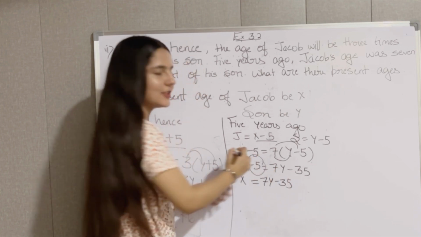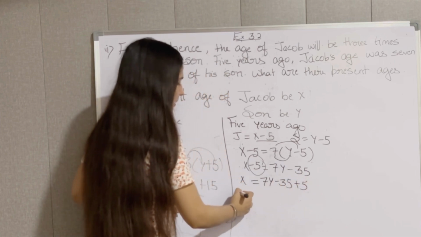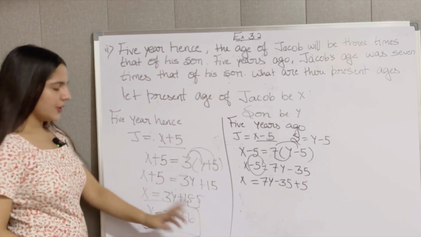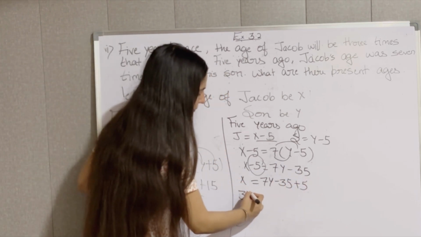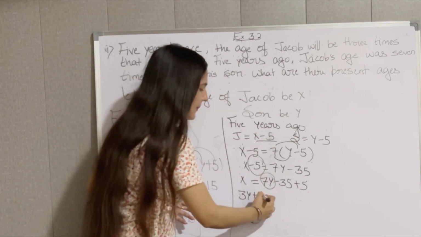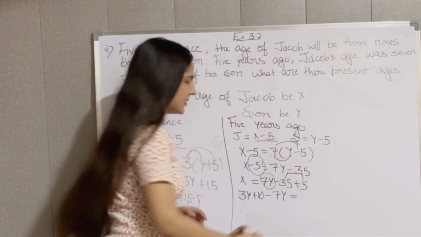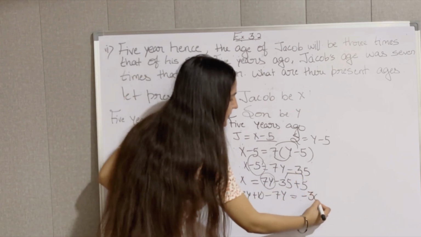Now we'll transfer this minus 5. It will go to plus, so plus 5. Now in place of x we'll write 3y plus 10. So 3y plus 10. We'll transfer this 7y to the left hand side: minus 7y is equal to minus 35 plus 5, so minus 30.